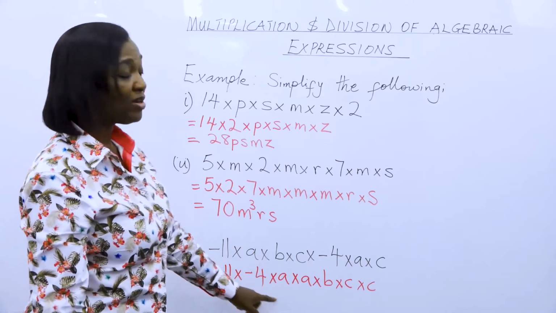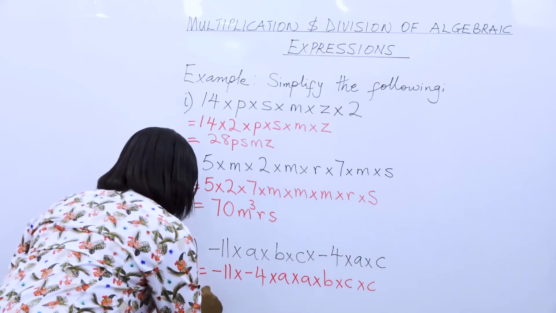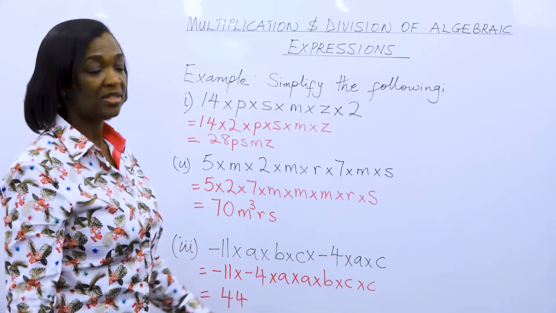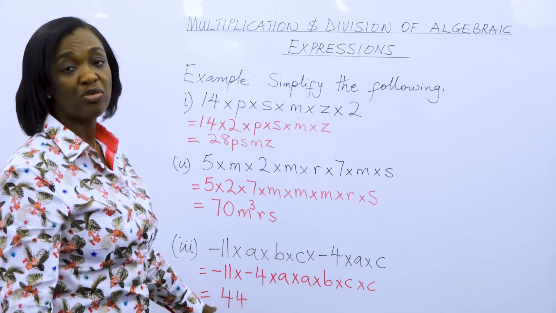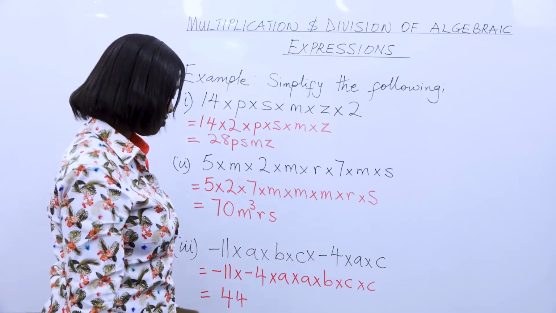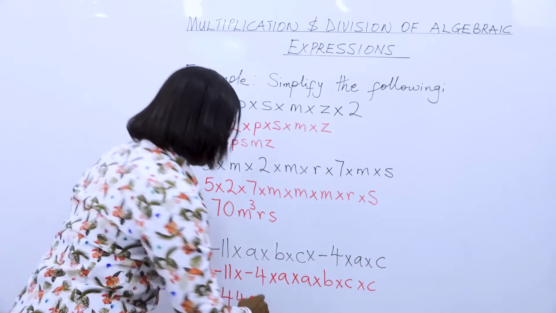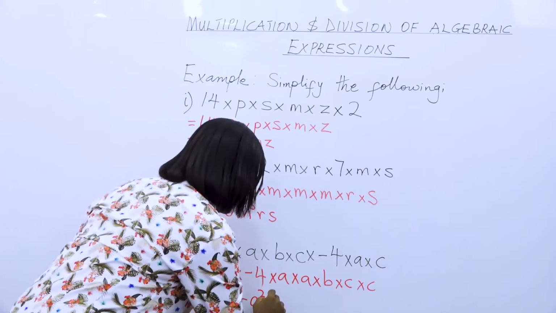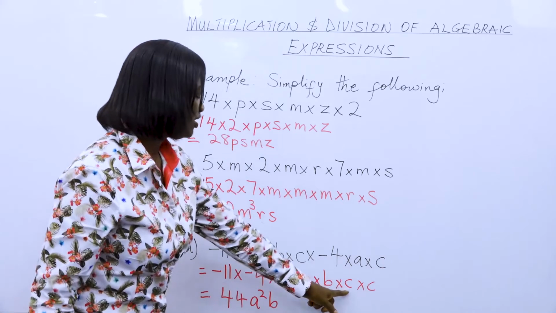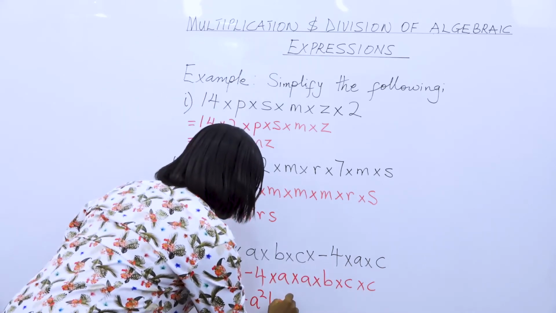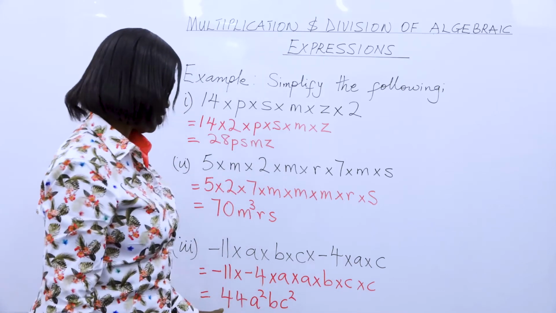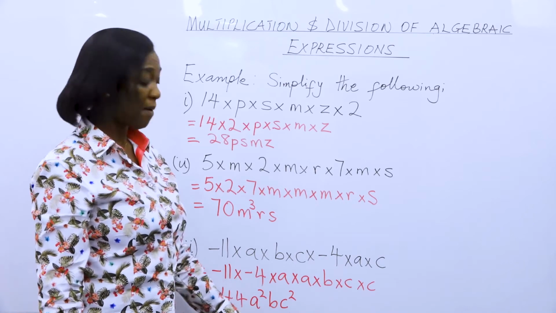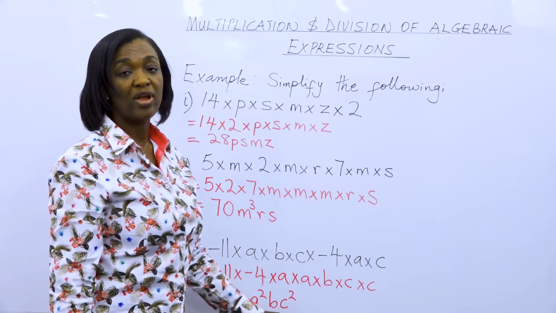Minus 11 times minus 4 is equal to positive 44, because minus times minus is plus. We don't need to write the plus sign there. A times a is a squared times b. So we attach the b. C times c is c squared. So the answer is 44a squared b c squared.